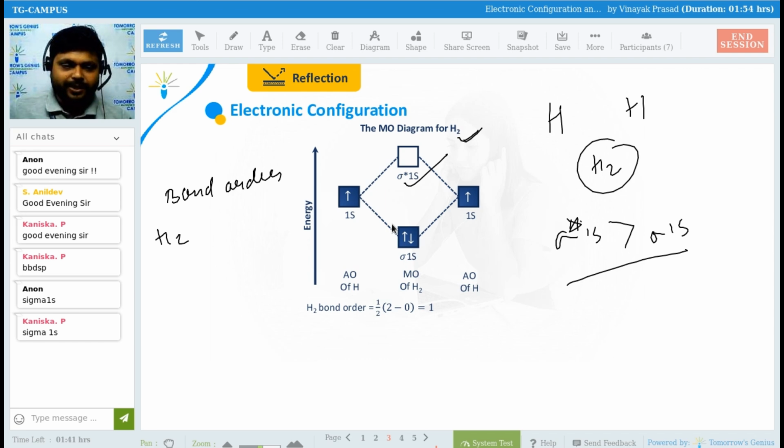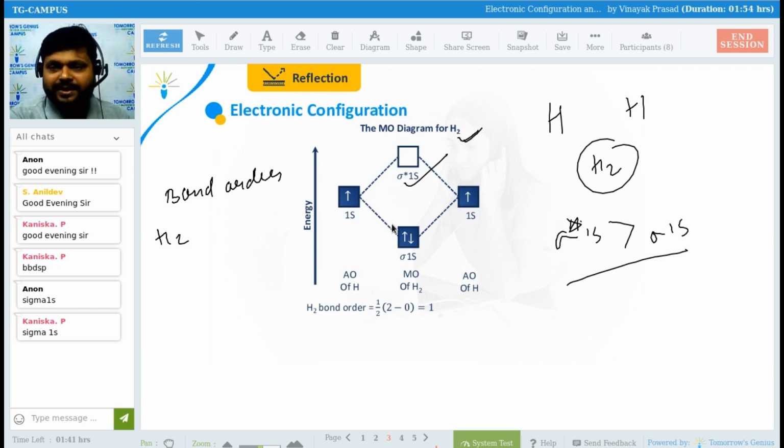Natasha, can you tell me what the bond order will be? Anil Dev, can you raise your hand to say whether you know or not? What is the formula for finding the bond order? Bonding minus anti-bonding upon 2?